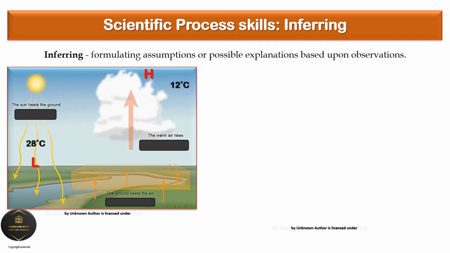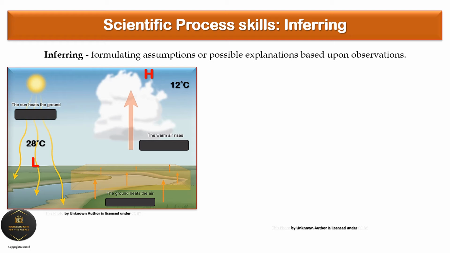Now, since we've determined the two, now we know the temperature is 28 degrees Celsius and its pressure is low at the surface, while in the upper atmosphere the temperature is 12 degrees Celsius and the pressure is really high in the upper atmosphere.